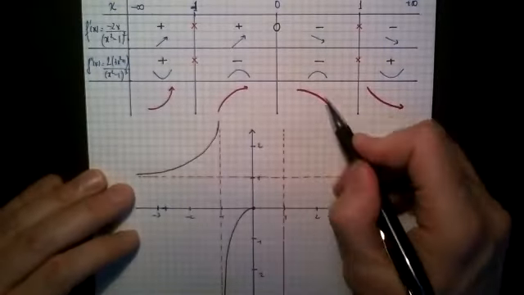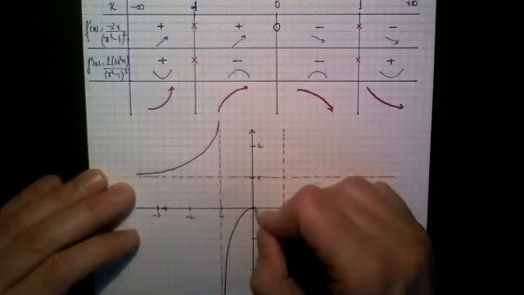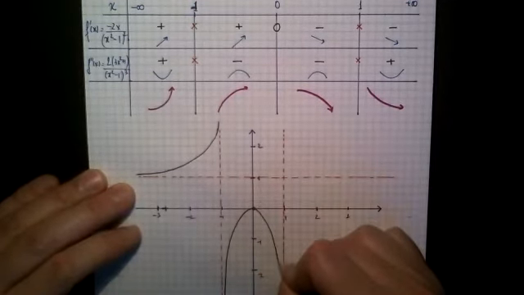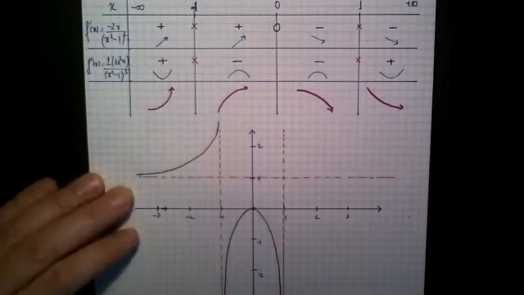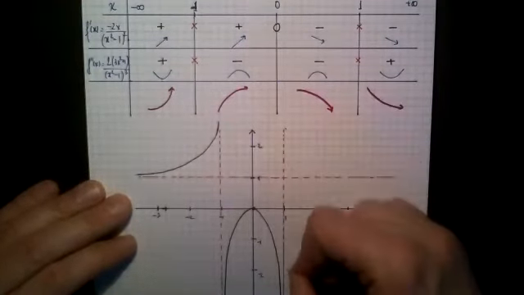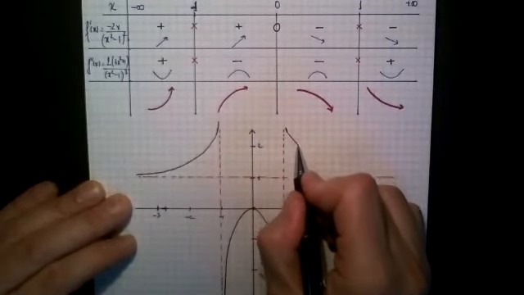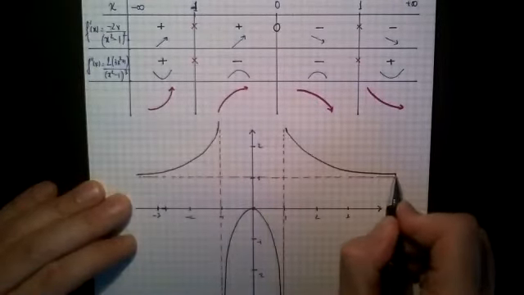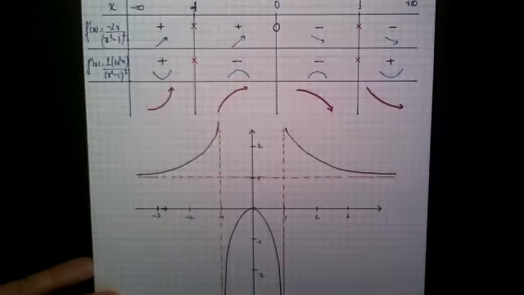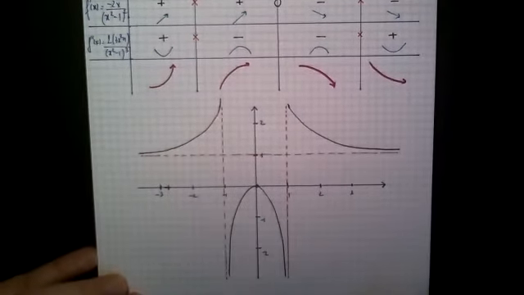Okay, then decreasing concave down, so here it goes. Then on the right side of 1, plus infinity, and then it's getting close to 1 on the right side as well. And this is what my graph looks like.